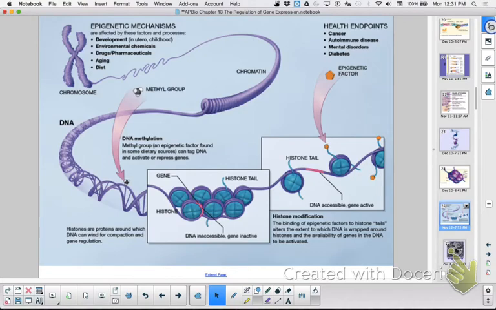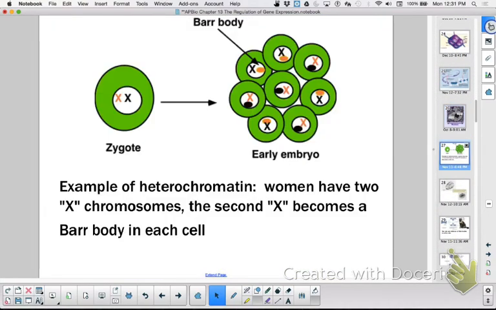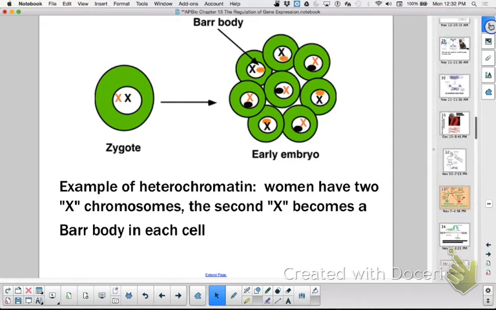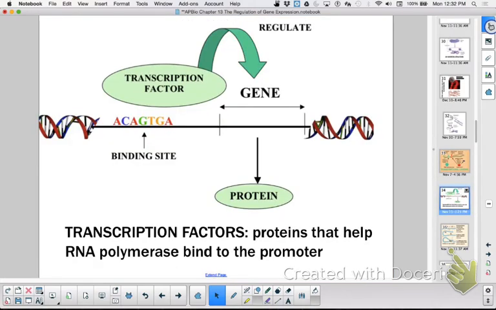And we looked at heterochromatin being darkly stained. We looked at Barr bodies being an example of an X chromosome being heterochromatin and how we are mosaics. Then we looked at transcription in general and transcription factors.